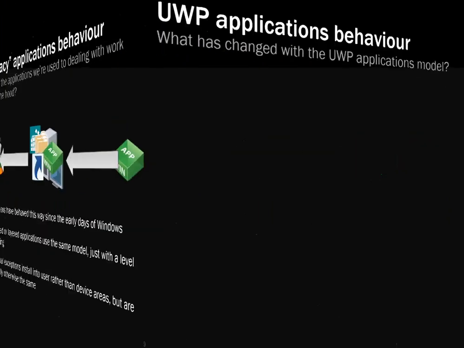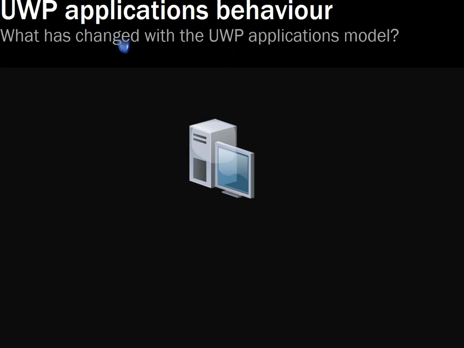Now, I hate this slide because it's quite busy, but what's changed with the Universal Windows Platform model? What things have actually changed under the hood as to how our applications now behave? It's still all centered around the device, but the provisioning of Universal Windows Platform apps only occurs when your user actually comes along and logs onto the device.